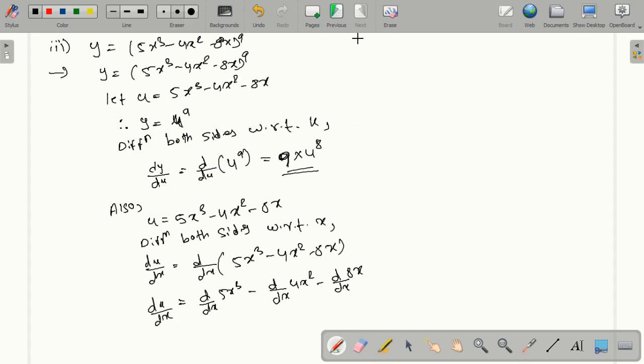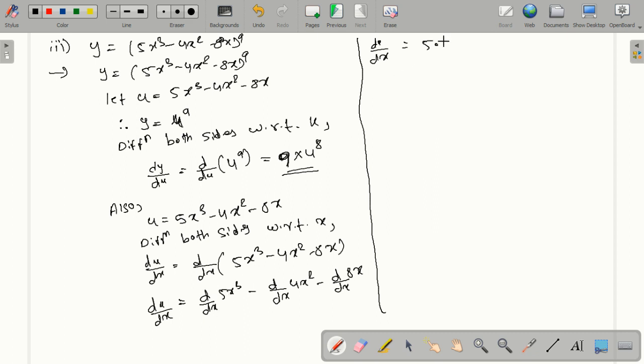So let me write on the other side. So du by dx is given as 5 into, right, as 5 is a constant, this will go outside. Then we have d by dx of x cube.